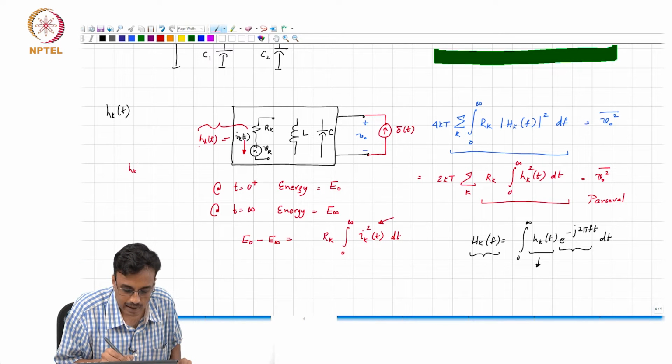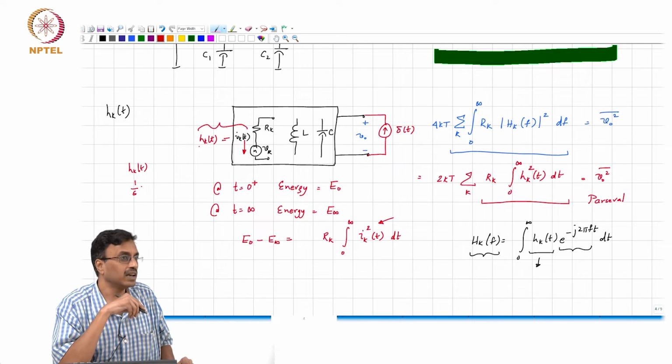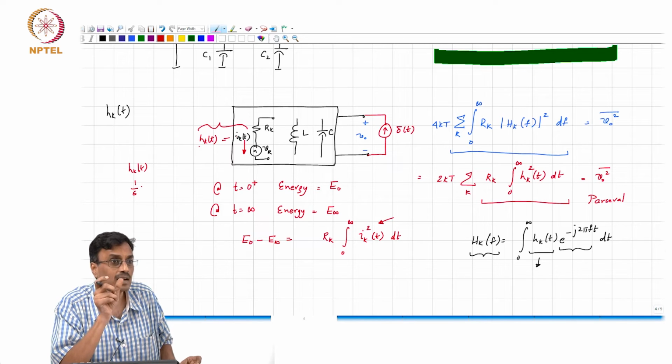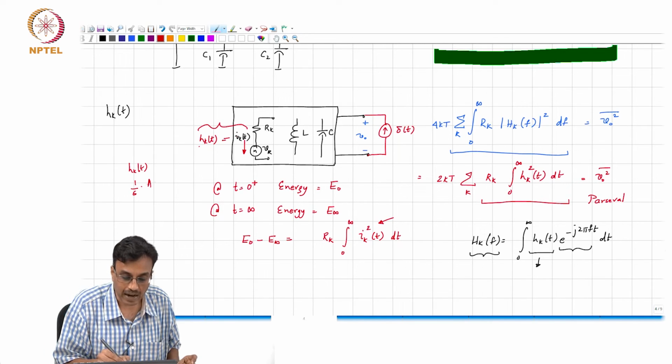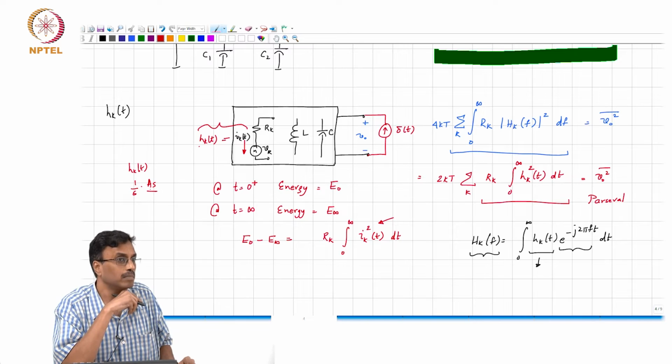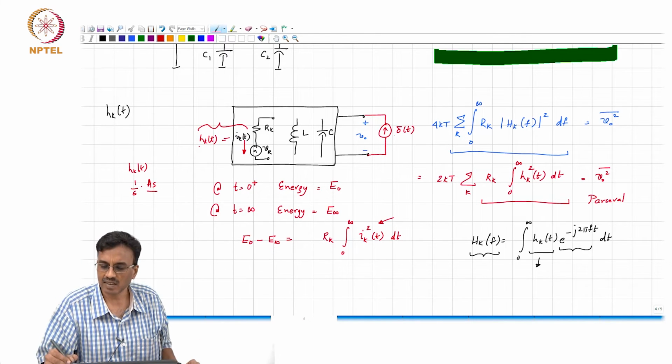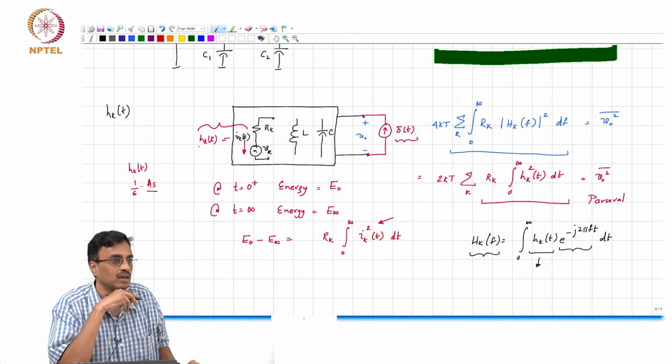Hk of t is basically per second, Ik of t is amperes. So, I have to multiply it by ampere second. Where is that ampere second coming from? It is not the charge from the capacitor, it is basically the impulse, correct? Alright, okay.